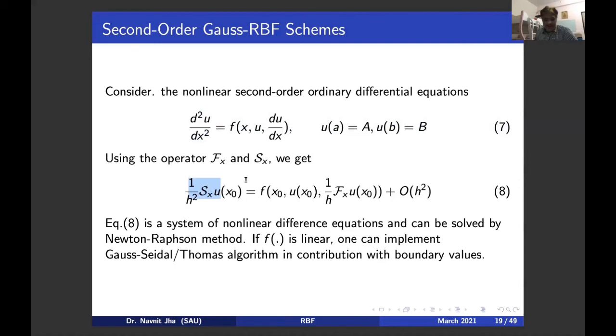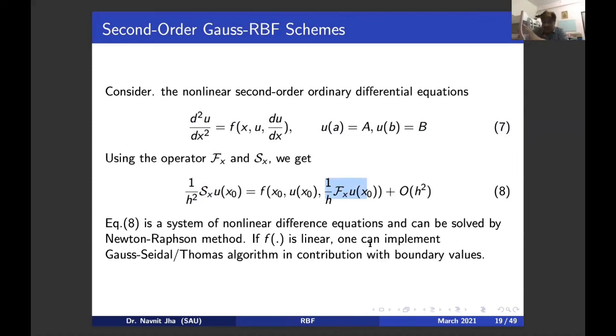Is it okay? F is as it is, x is basically x naught, because I am talking about a particular point x naught. U is also at a particular point, written as u at x naught, and du by dx is replaced by this 1 by h Fx u at x naught. Because both the operators are giving second order accuracy, I have written plus order h square.